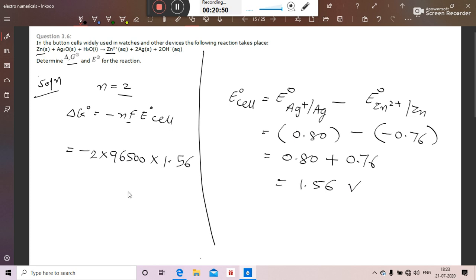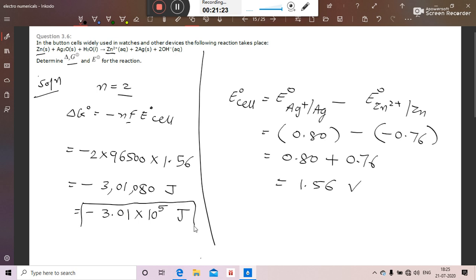So when we multiply all the three, our final answer will be minus 3 lakh 1080 joule, because coulomb into volt is joule, or we can write minus 3.01 into 10 raised to 5 joule. So that is our answer. So two answers are there, one is delta G naught, one is E naught cell.